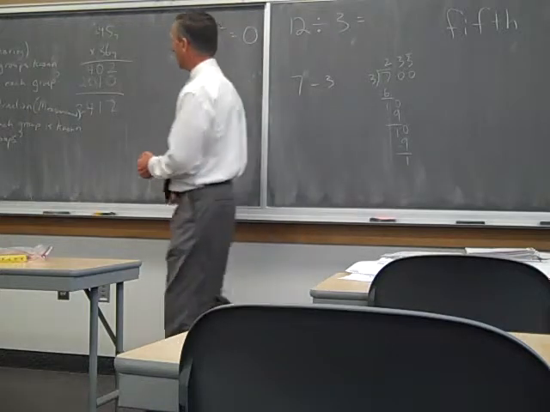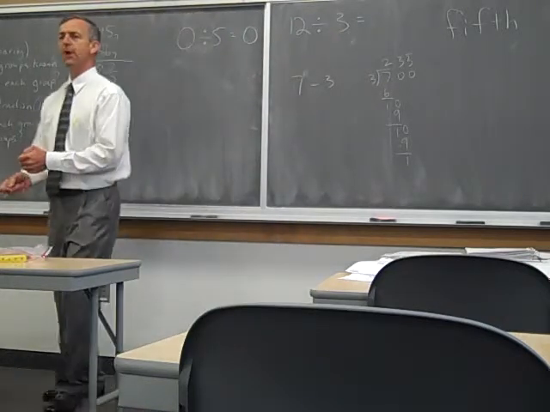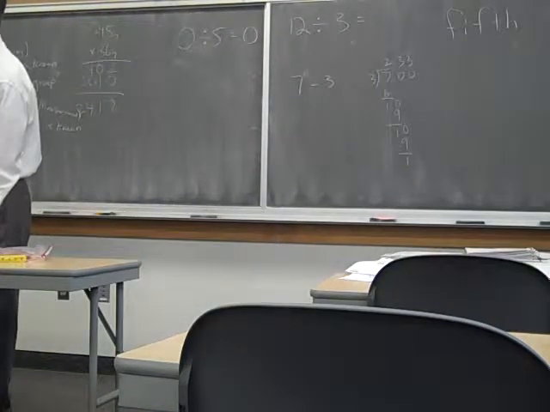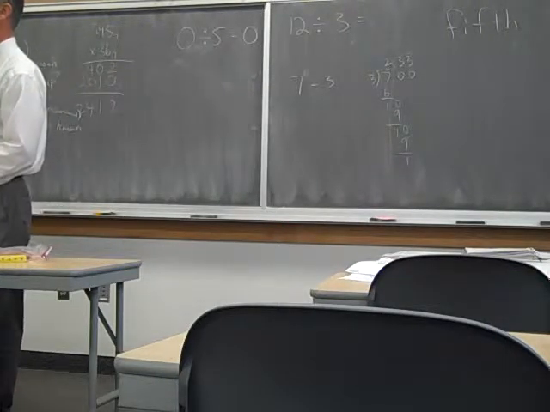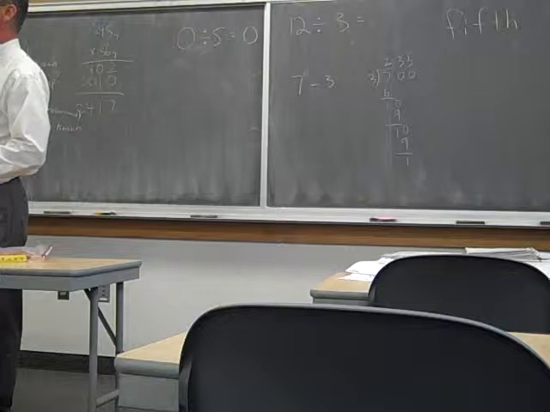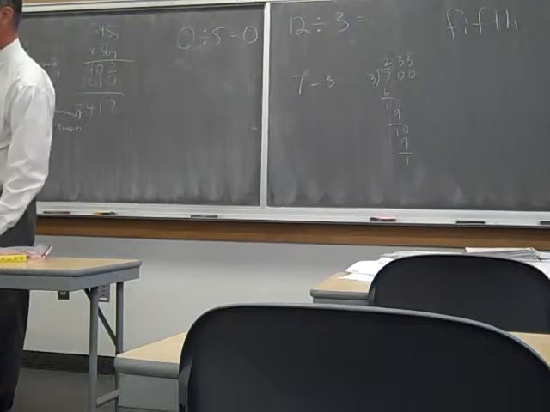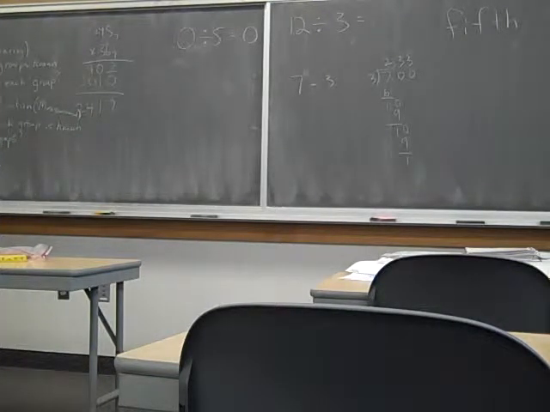That's using the partition model. Now, let's use the repeated subtraction. You have your 0, and since you're dividing by 5, you take 5 out. So I pop off 5 each time, and then you keep going until you run out.